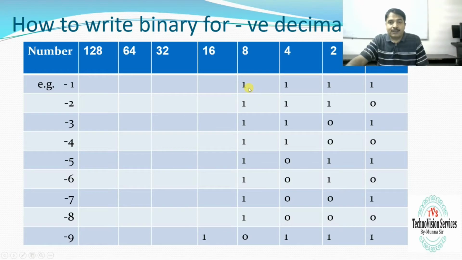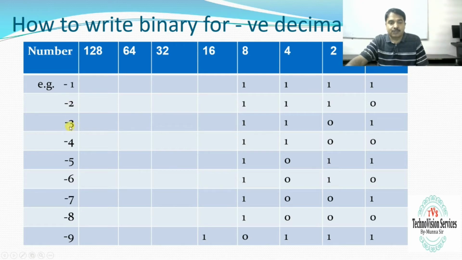When we add both, -8 plus 7, it becomes -1. Similarly for -2, we take -8, then add 4 and 2, which is 6. -8 plus 6 becomes -2.